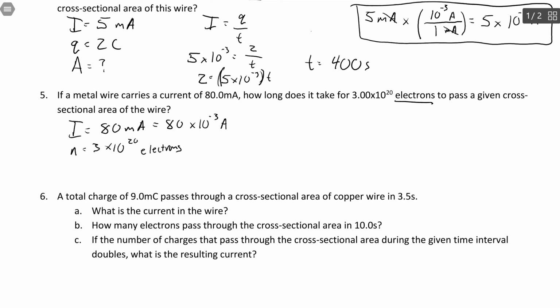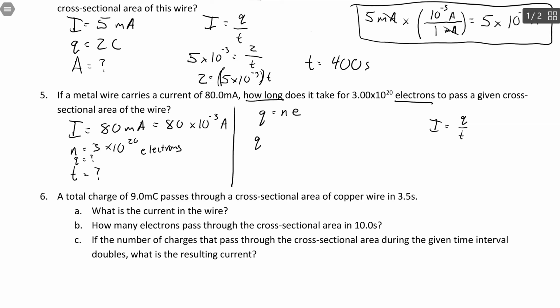So it's asking how long does it take, we want to be able to do this formula, I is equal to Q over T, but first we have to know what the charge is. Really, we need Q equals question mark first. Q is equal to the number of electrons times the charge on each electron.